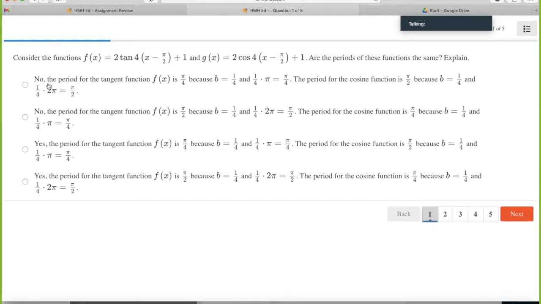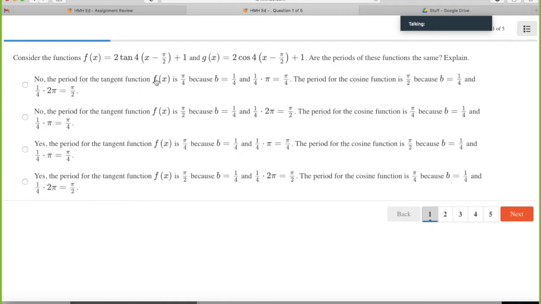No, the period of a tangent function is pi over 4 because b is pi over 4. So I don't think that's right. No, the period of a tangent function is pi over 2 because b is pi over 2, and what did I just say? No, I think I'm going to go with this one.